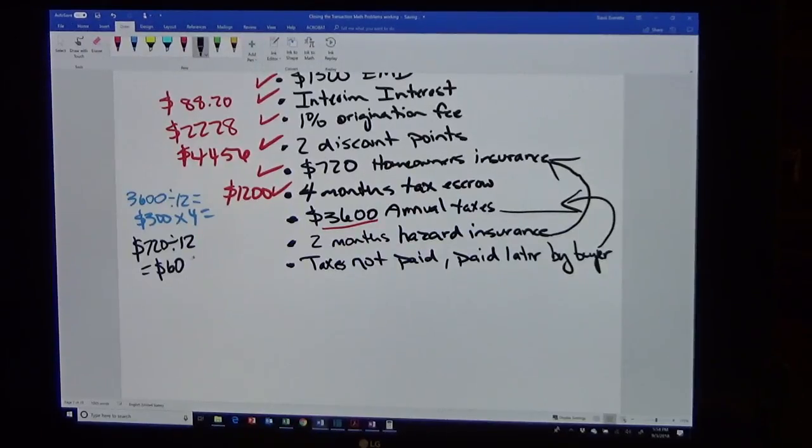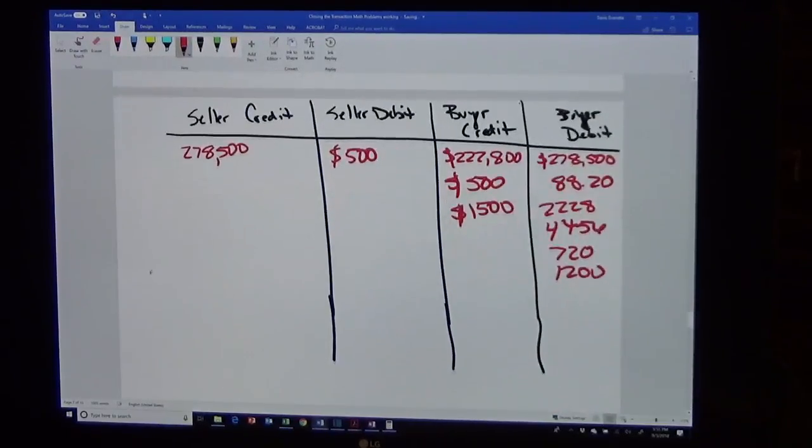And they want 2 months, so $60 times 2 is going to be $120 in insurance escrows. And we're going to check that off because we're going to scroll right down right away and put that in buyer debit, $120. Right?